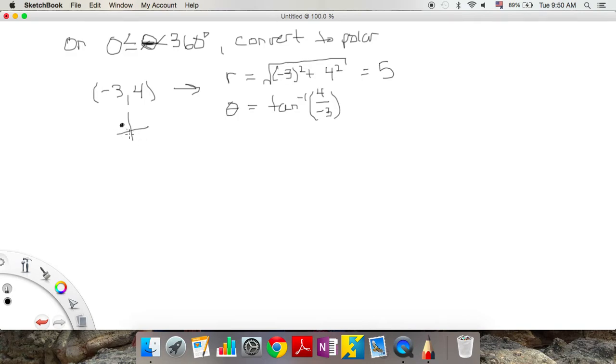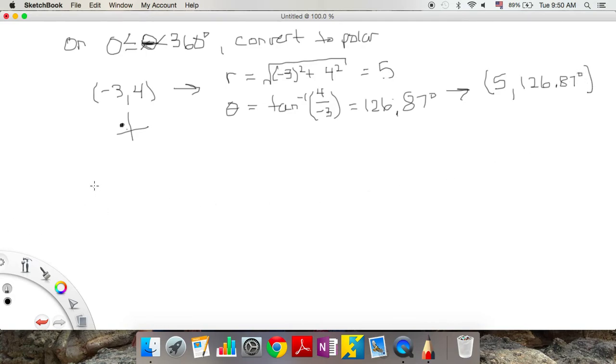It'll give you this negative down here, so you add 180 to that, and you get 126.87. So my rectangular coordinates of -3, 4 change to polar coordinates of 5, 126.87 degrees.